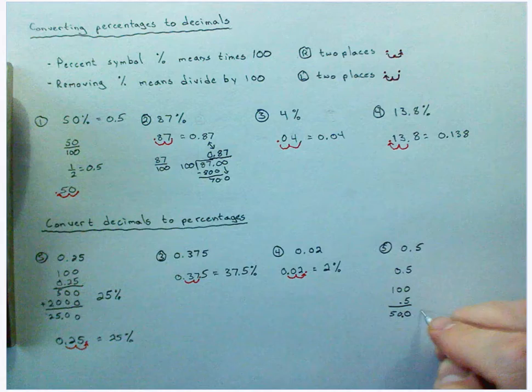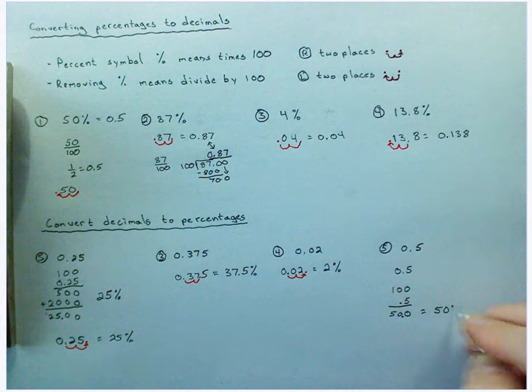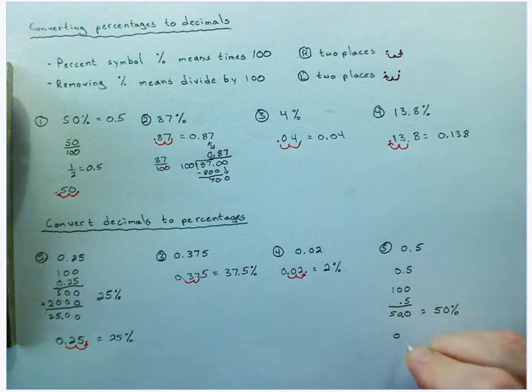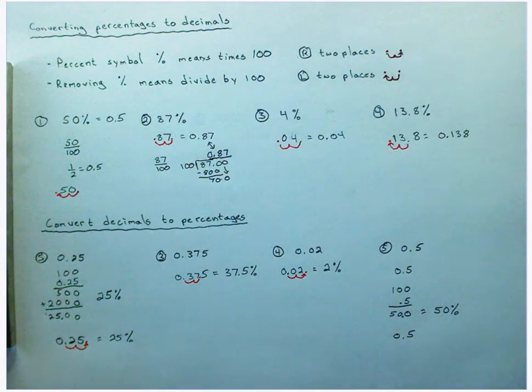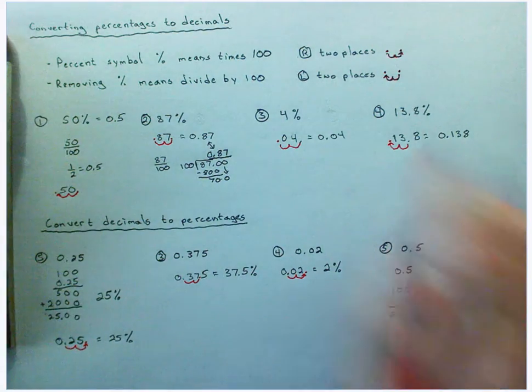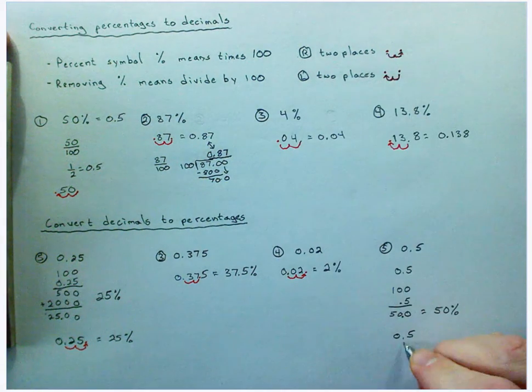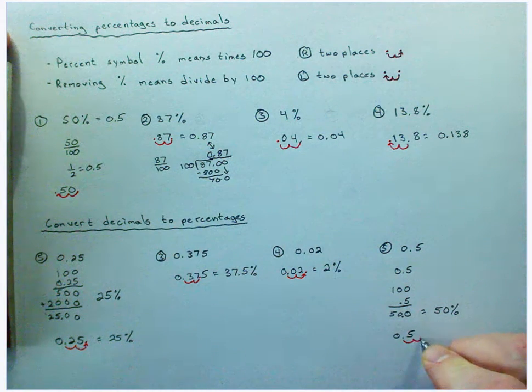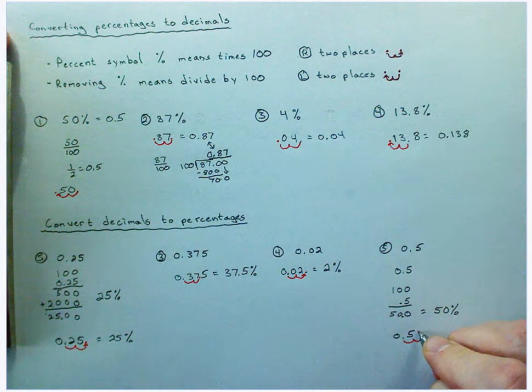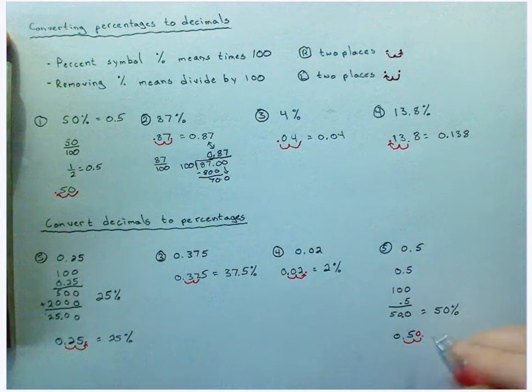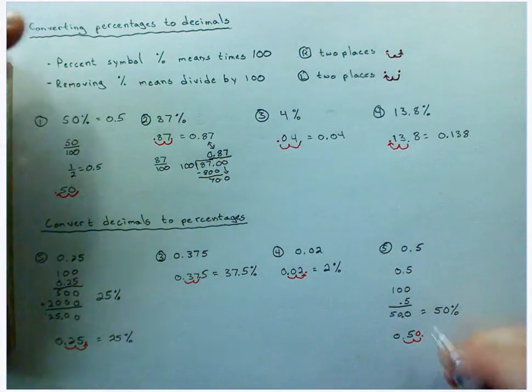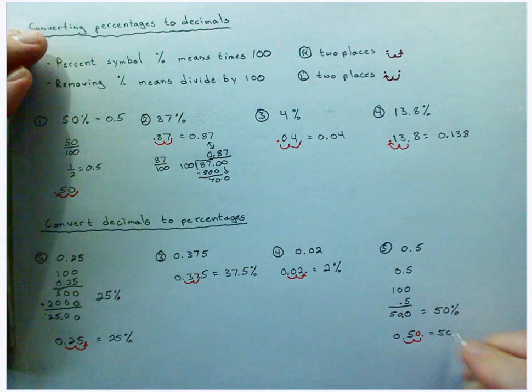I get 50, so that equals 50%. Or I can view it as moving the decimal. I need to move the decimal place 2 places to the right. So 1, 2. Put a 0 in there as my space filler, right? And what that equals is 50%.